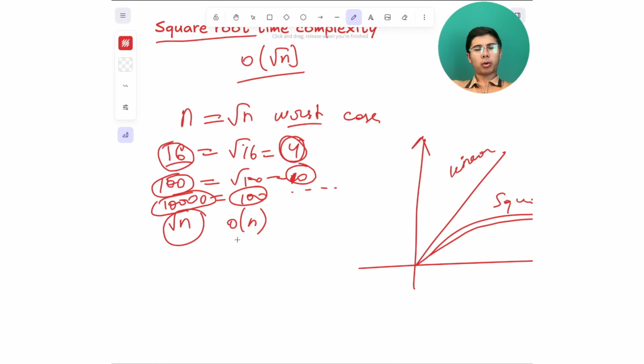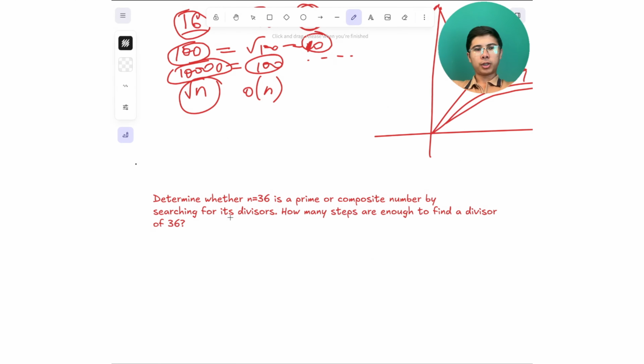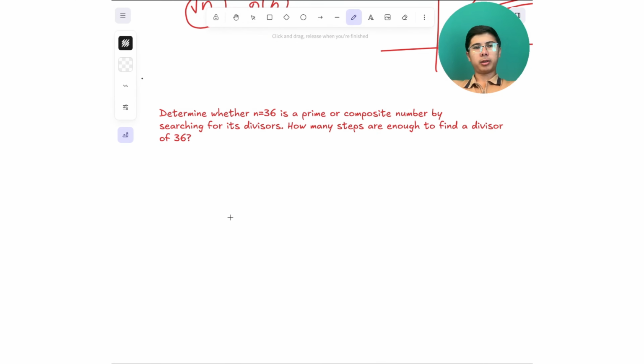So what kind of common problems can be solved with this square root time complexity? Mostly, as a simple example, we can check whether a number is prime or composite, square root decomposition algorithms, and so on. One example problem is this: given n equals 36 as input, determine whether it is a prime or composite number by searching for its divisors.